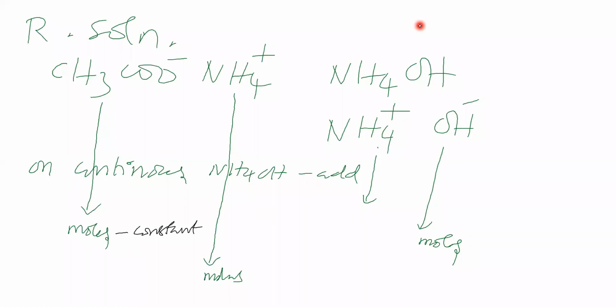One student says that ammonium acetate is lesser. In what way are you saying ammonium acetate is less? Once the equivalence point is reached, after the equivalence point there will not be any production of ammonium acetate, which means the number of moles of ammonium acetate will remain constant.